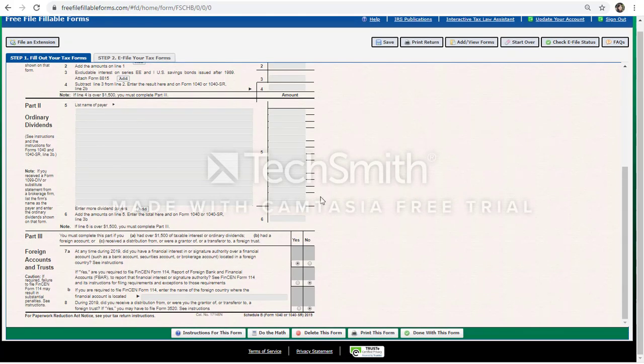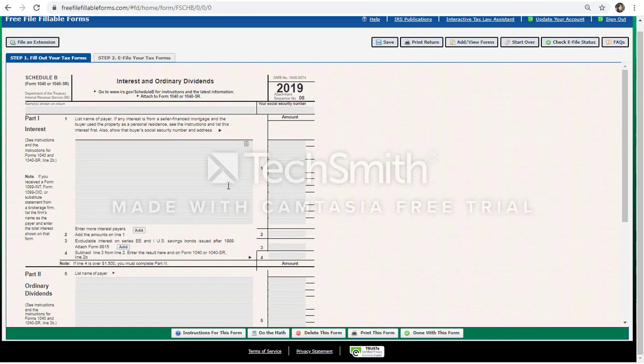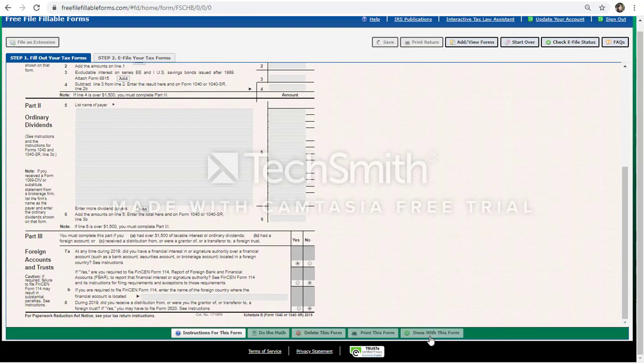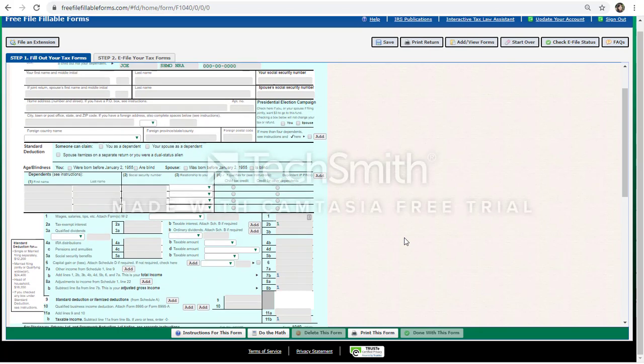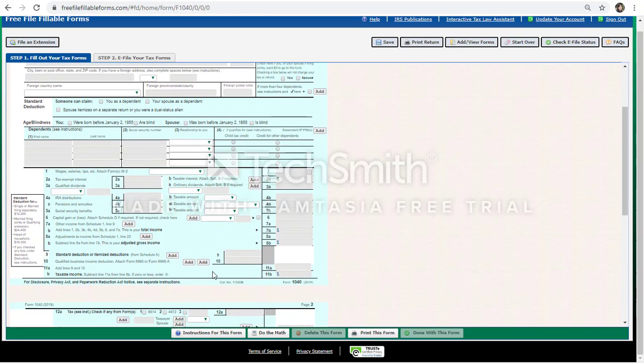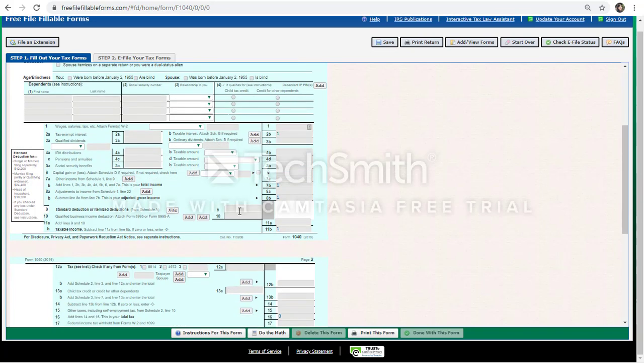Then if you're done on Schedule B, you click Done with this form, you go back to your main tax return. There's a number of other forms here that could be relevant to you, but this is the main one that could be relevant to somebody who basically has no other income. The standard deduction for somebody in 2019, you're filing a 2019 tax return, someone who is single or married filing separately, is $12,200.